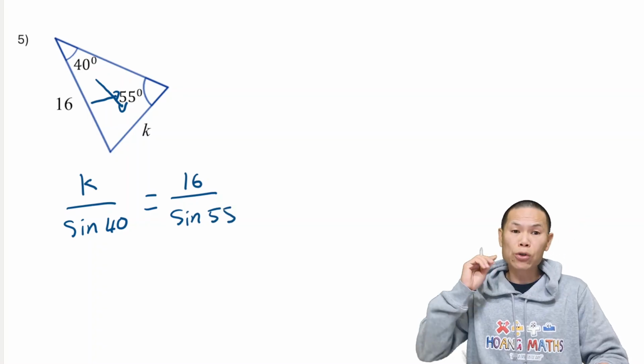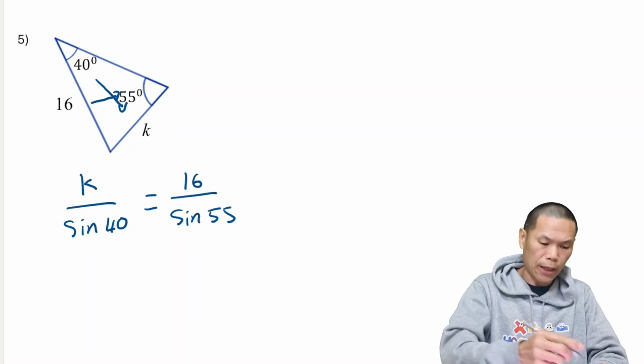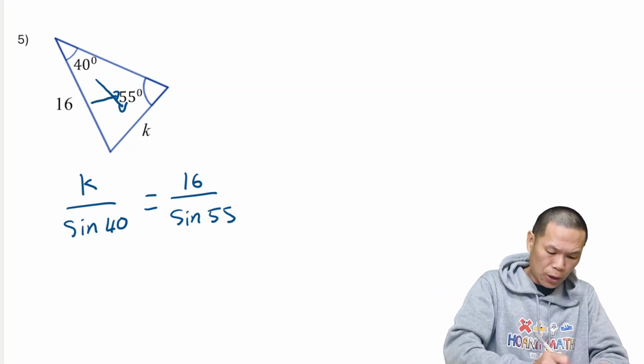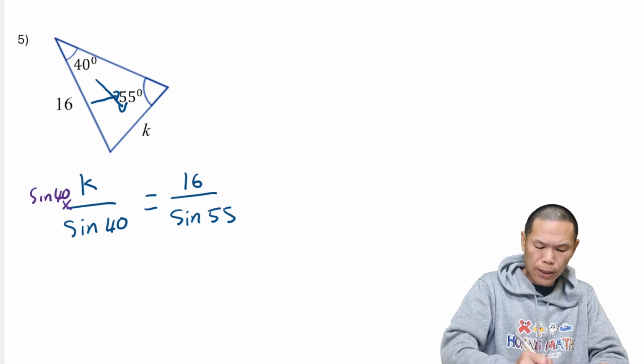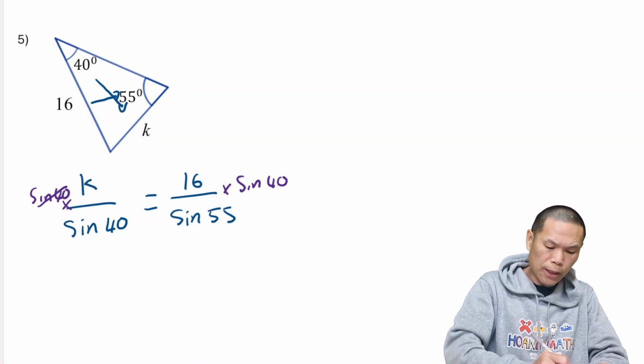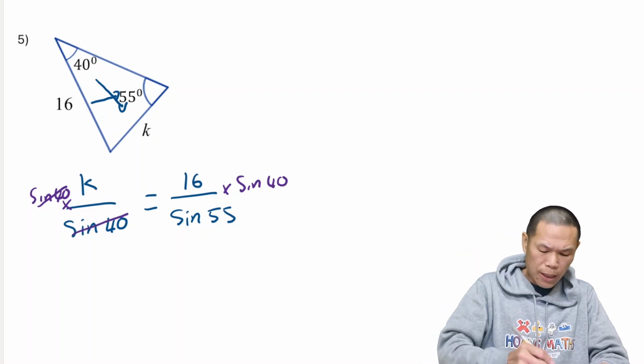Then what I do, I solve for k. So I just times sine 40 degrees on both sides. So just go times this by sine 40 degrees times sine 40 degrees. So this cancels with this. So on the left hand side will give me k.